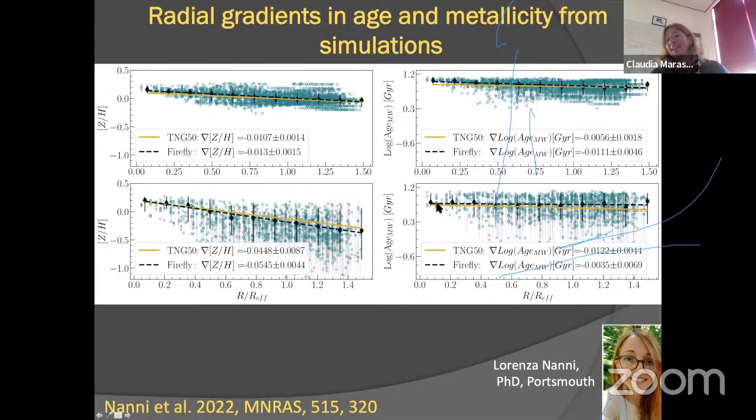The yellow line is the intrinsic quantity, in this case age versus effective radius within a galaxy, because these are IFU, but you can do it in every range. The yellow is the intrinsic, and the black is what we derived by fitting the mock forward modeled galaxies with the same routine and the same set of templates.